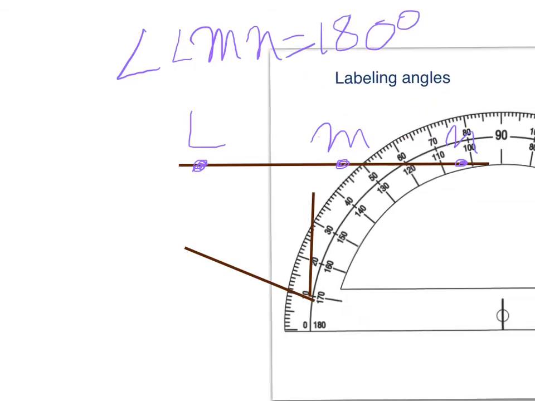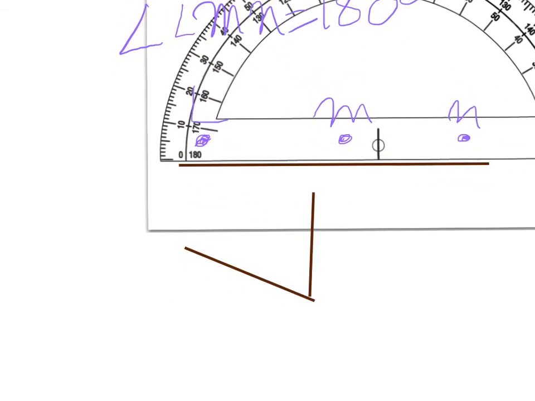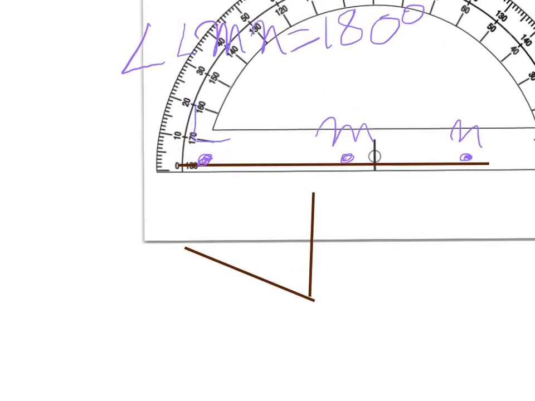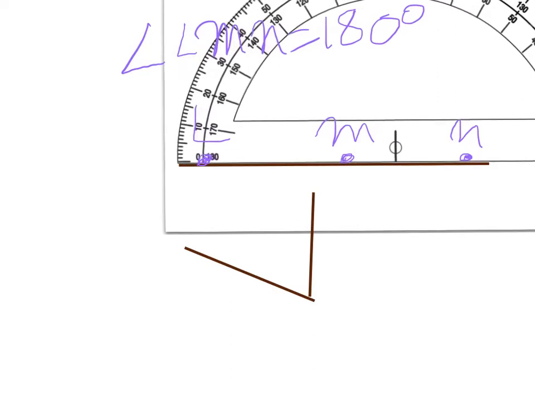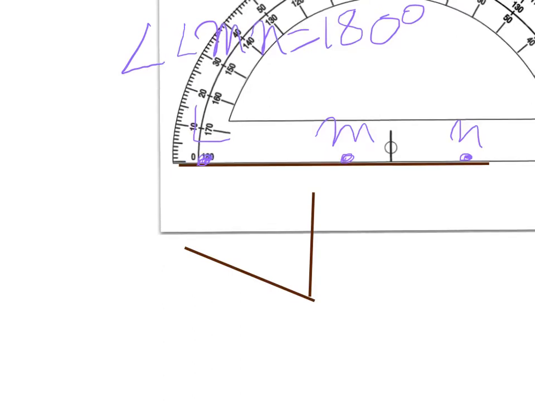If we bring the protractor back up, you'll be able to, oop, I'm moving the wrong thing. So it's pretty much right on the straight line, and it crosses on the 0.